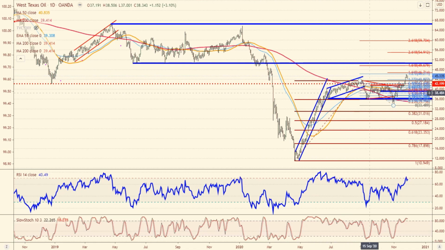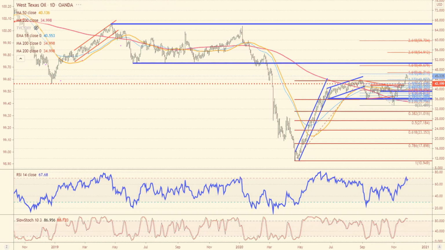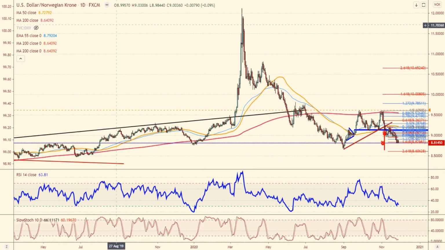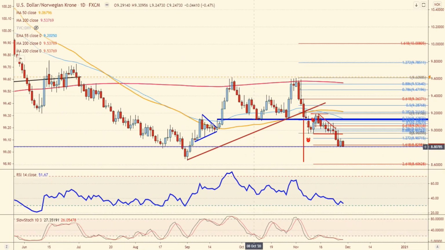So in currencies, what could be the result of a spike higher in crude oil? If it should spike higher based on the events this weekend, look at the US dollar Norwegian krona. If you follow me on Twitter, you've probably seen my comments about the double top.